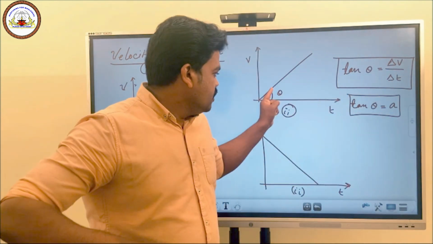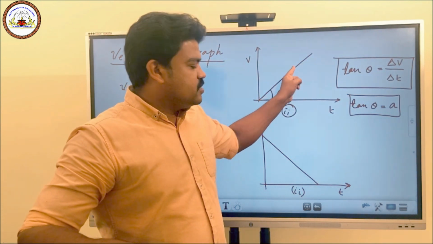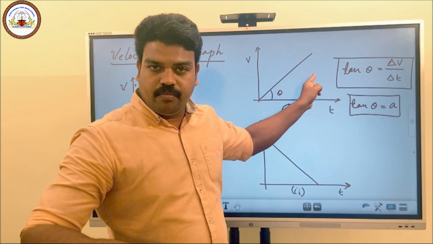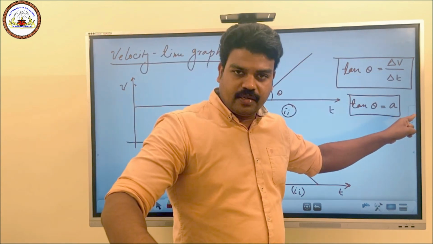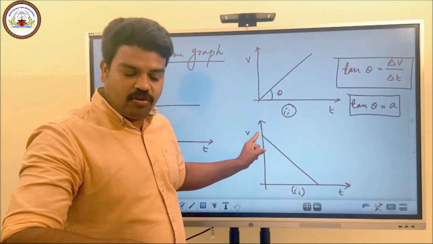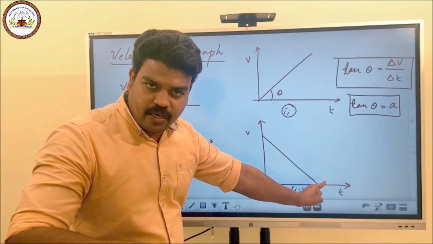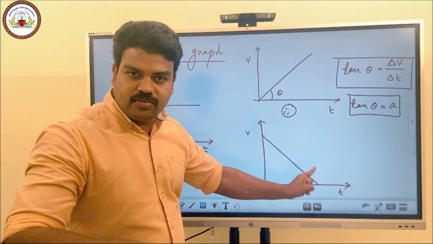It is clear that it is moving with a positive acceleration. The velocity increases uniformly with respect to time, therefore it has a positive acceleration. Look at this graph, initial velocity is not zero here. Velocity decreases with respect to time. Therefore, we have a line with a negative slope.